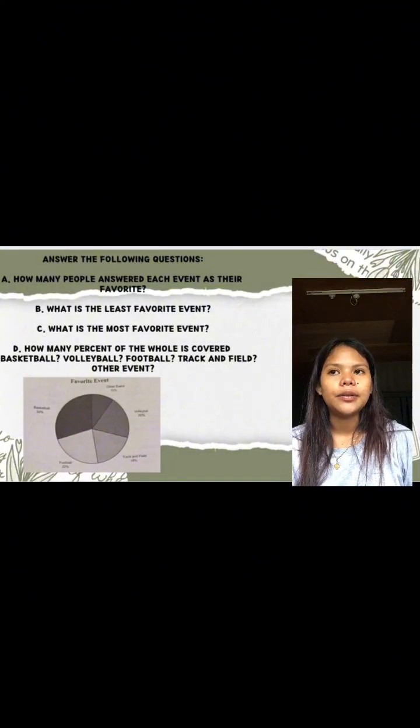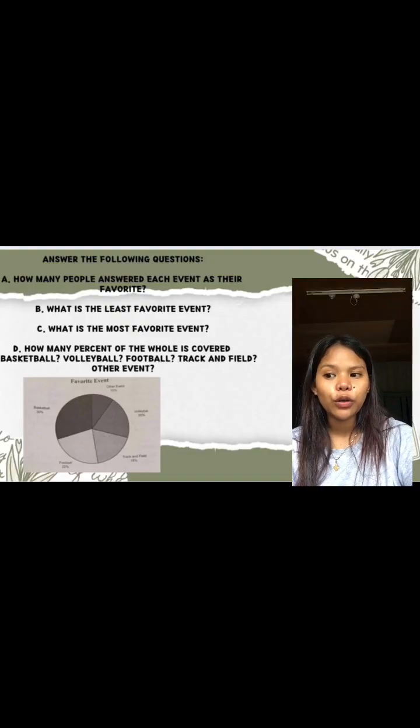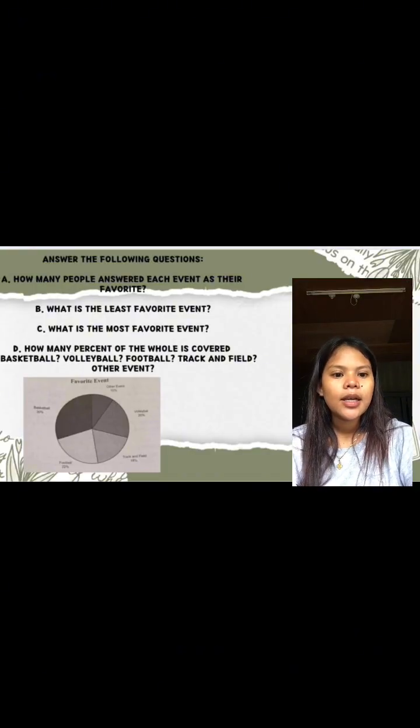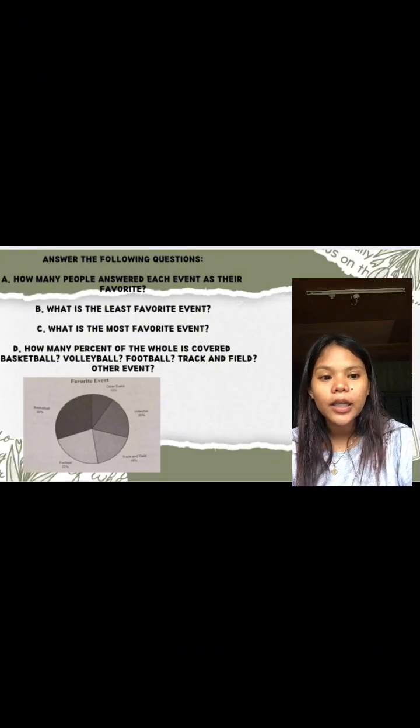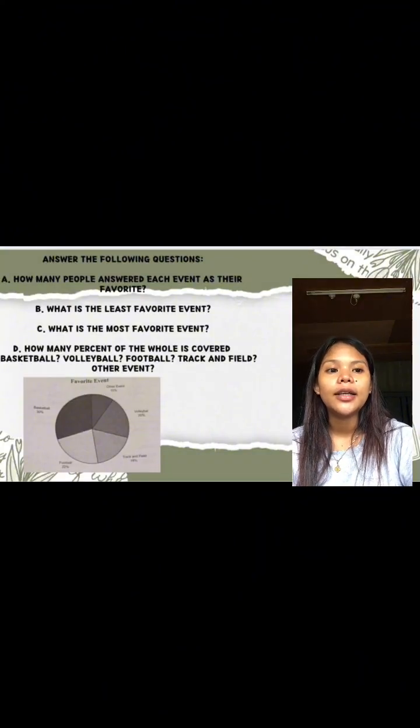And then ang track and field naay 45 ka people, i-divide nato sa 250, i-times nato sa 100, naay 18%. And then ang other event is naay 25 people, i-divide nato sa 250, and then i-times nato sa 100, naay 10%.